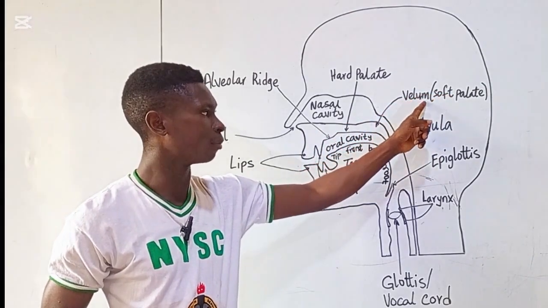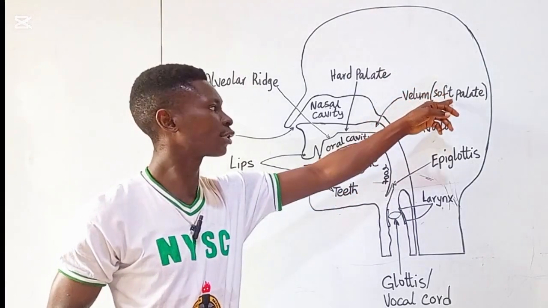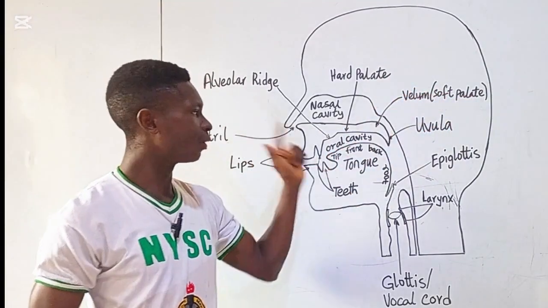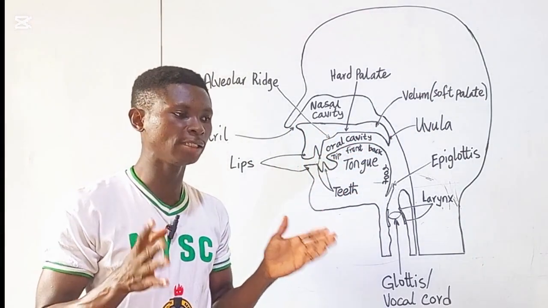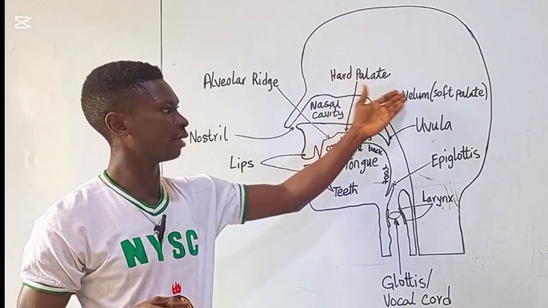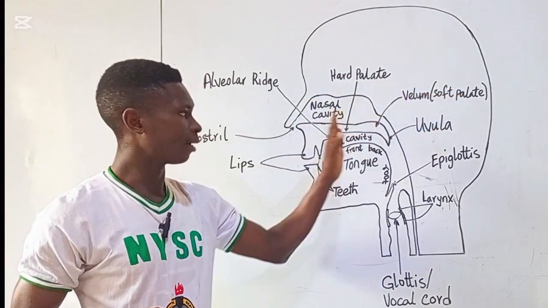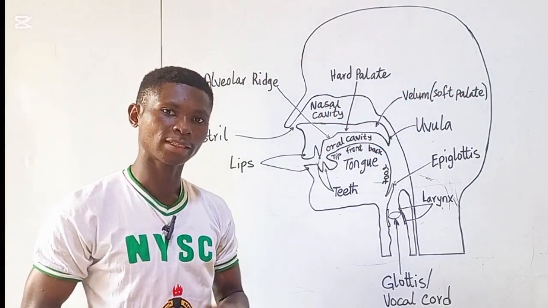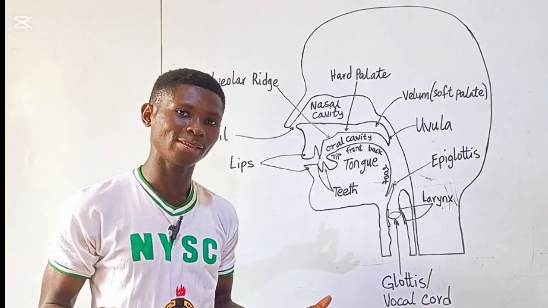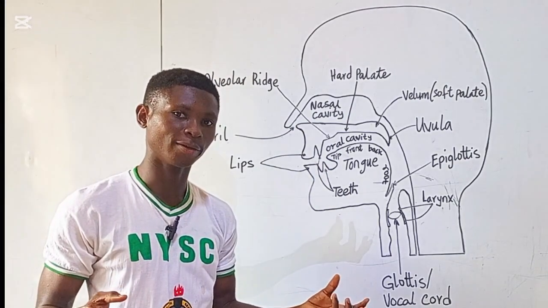So we have the velum. Another name for velum is soft palate. So note that the roof of the mouth is divided into two, the hard palate and the soft palate. And another name for the soft palate is the velum. That's why we have velar sounds like g, ng, and so on.